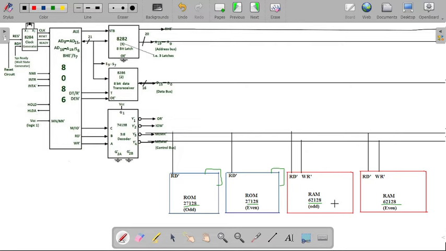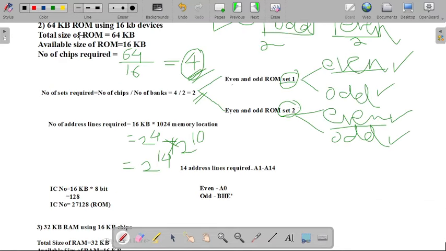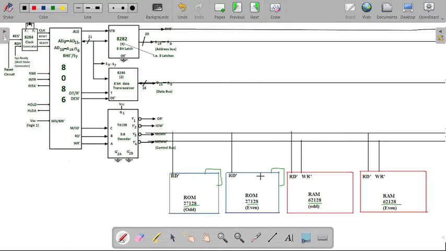Now we have to connect the address line. So here you can check how many address lines will be required in our ROM. There are 14 address lines required in our ROM structure, and in case of RAM also we require 14 address lines. So I am connecting this address line here, and we have to give the connection for all the blocks.